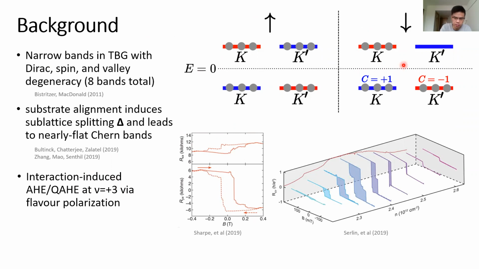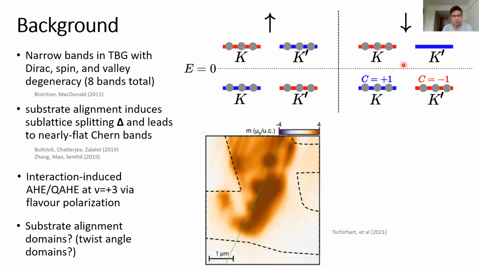And so in the middle, where these 2 regions meet, you might expect some domain walls to form. More recently, there have been experiments that have imaged in real space the presence of these domains. Now, the physics driving these domain formations is still unknown. One possibility is twist angle domains, but here we're going to analyze the possibility of substrate alignment domains.